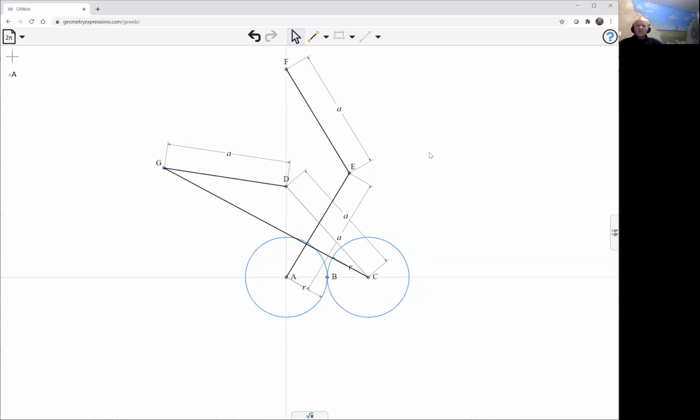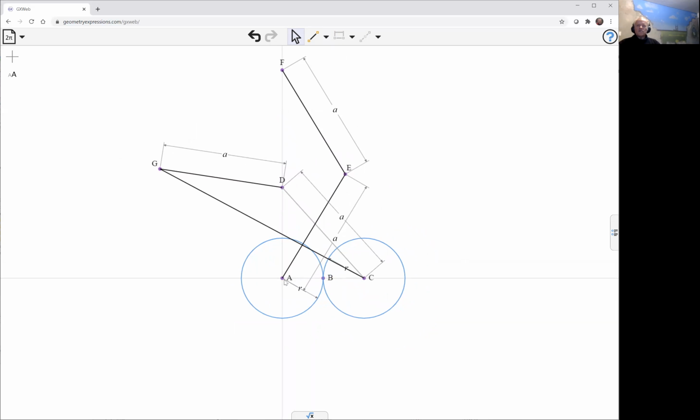Now, we need to engineer things such that AF is the same as CG in length. So the way I'm going to do that is I'm going to make this angle here theta, and at the same time, I'm going to make this angle here theta. So the fact that these are coordinated reflects the behavior of these links.